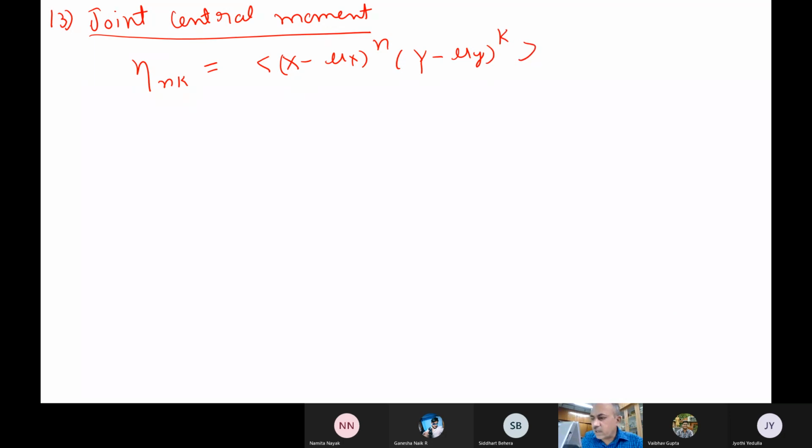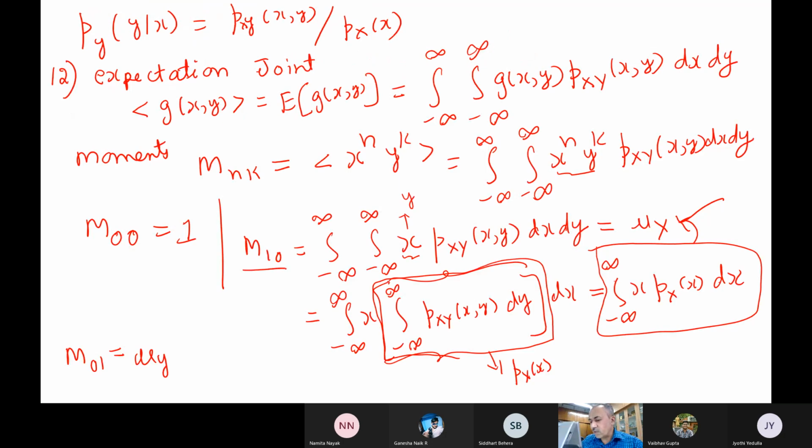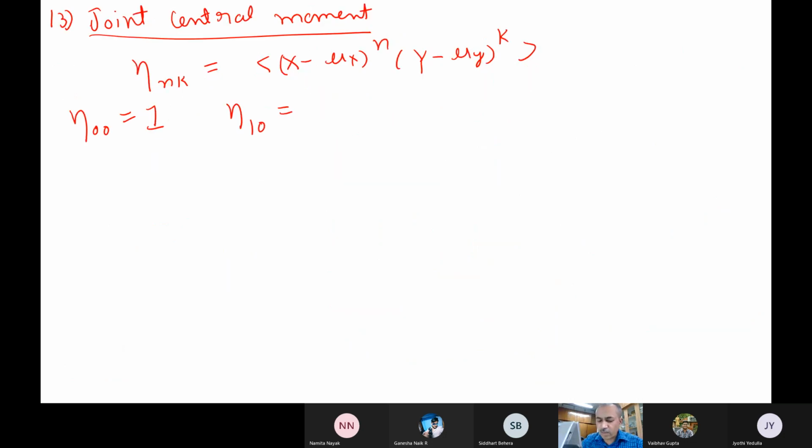These are the joint central moments. Now eta 0 0 you can prove will be 1. What will be eta 1 0? m10 was mu x and m01 was mu y, and now we have subtracted the individual means. So what will be eta 1 comma 0?